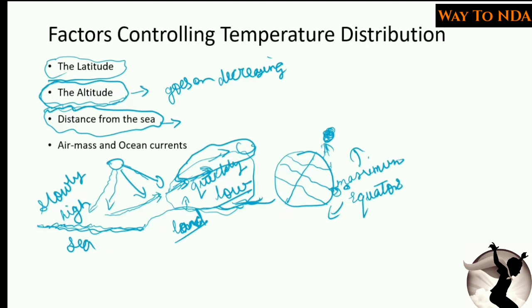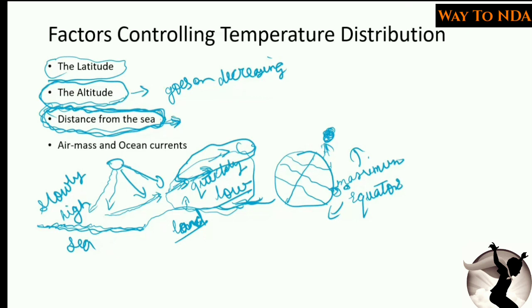Land is warmer and the air pressure is low; at the sea the pressure is high. So the winds blow from high pressure to low pressure and the area above the land gets cooled down. This is the reason that in coastal areas the difference between summers and winters is very less.